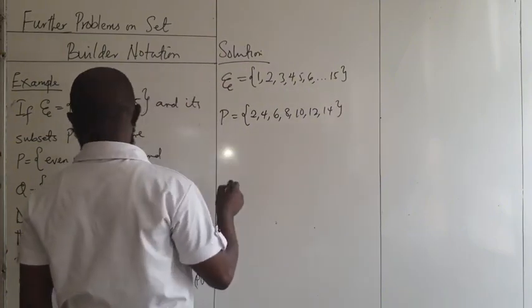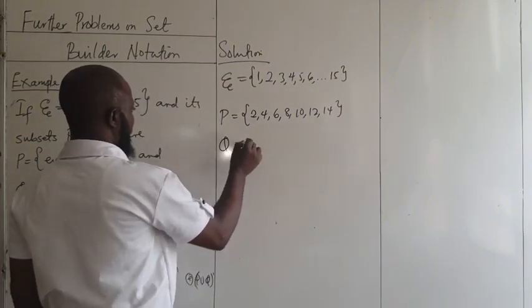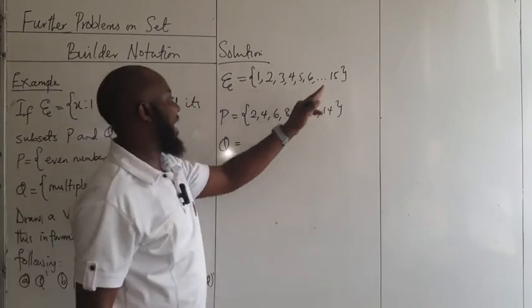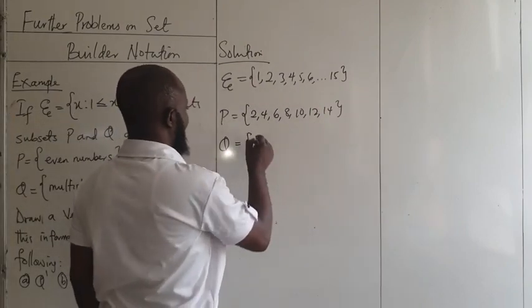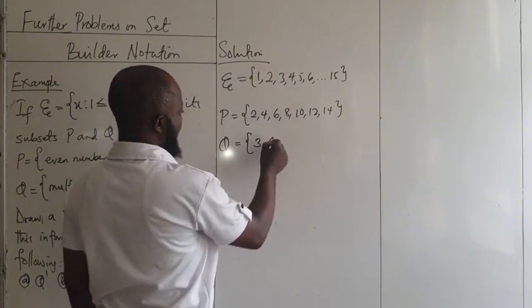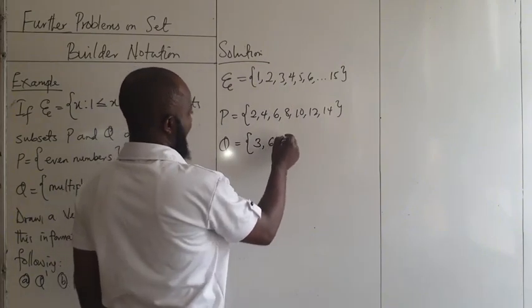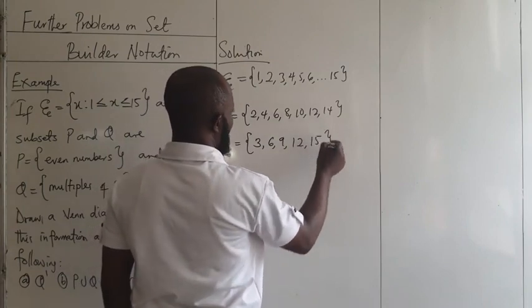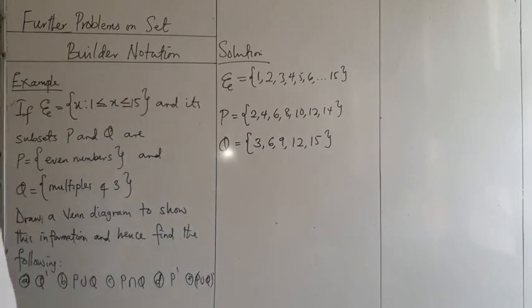Alright? Then Q is multiples of 3. Multiples of 3 that we have here, we write them out as well: 3, 6, 9, 12, and then 15. All these numbers are multiples of 3.